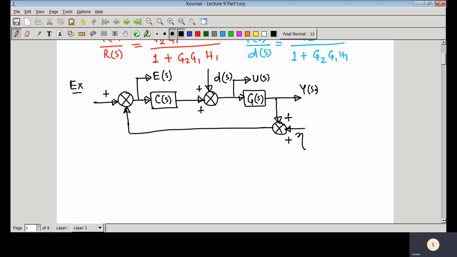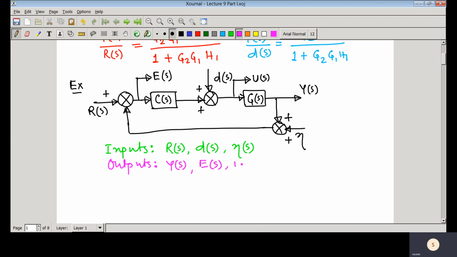So in this particular example, you have that reference command. So inputs are RS, then DS and eta S, and outputs are YS, ES and US.